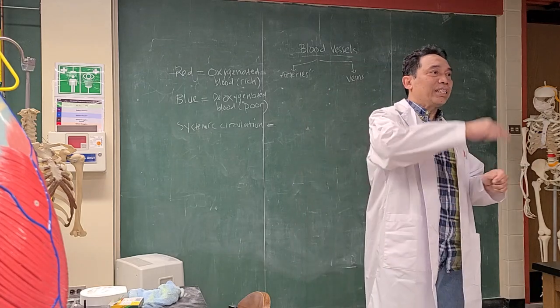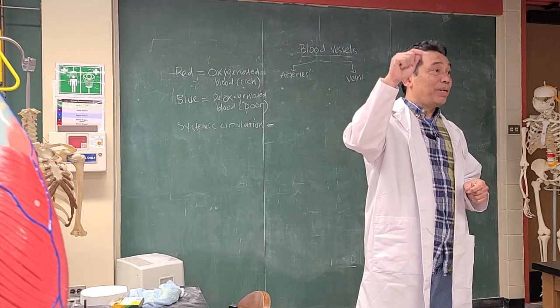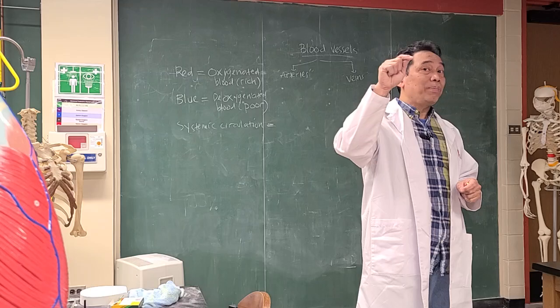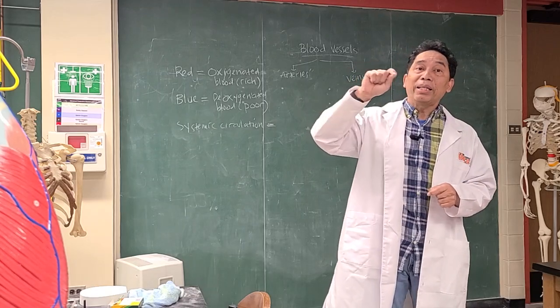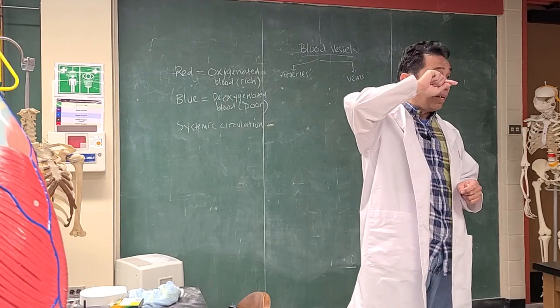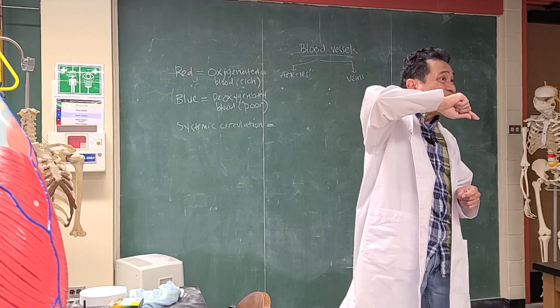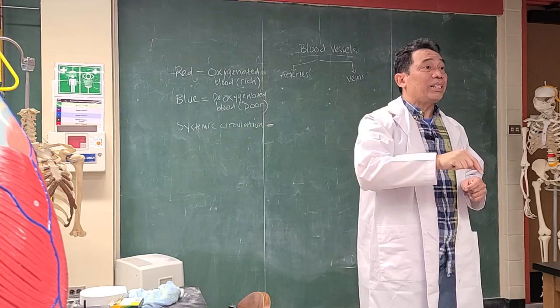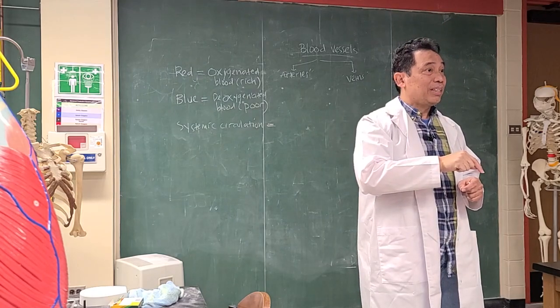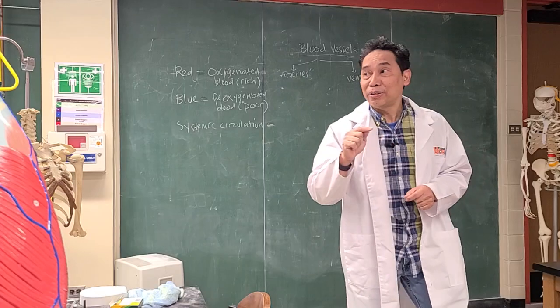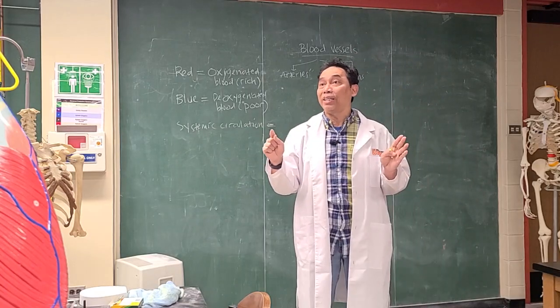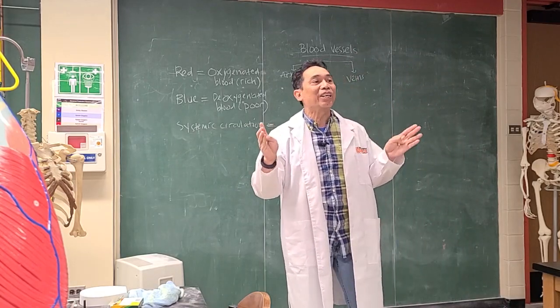Where is the artery coming from? From the heart. If it is systemic, it means that the blood is coming from the heart, from the left ventricle, carrying the oxygen to the tissue, right? It means that it has a lot of oxygen in it. So what is the color going to be?